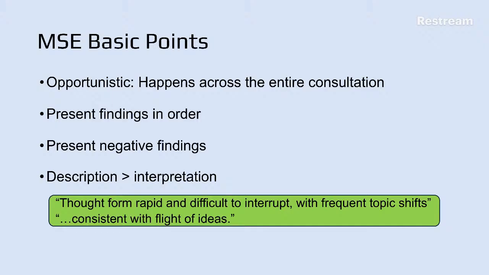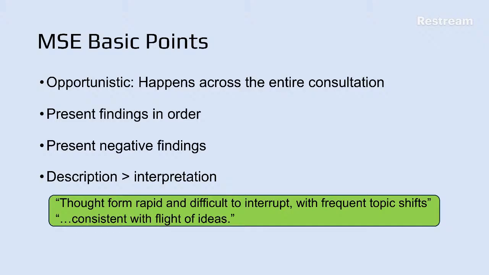Even though it's opportunistic, and you might end up doing things out of order, when you're presenting your findings to an examiner, I would suggest that you present them in order of the MSE. Your examiner will also be working off that same schema, so presenting it in order makes it a little bit easier for them to mark you.